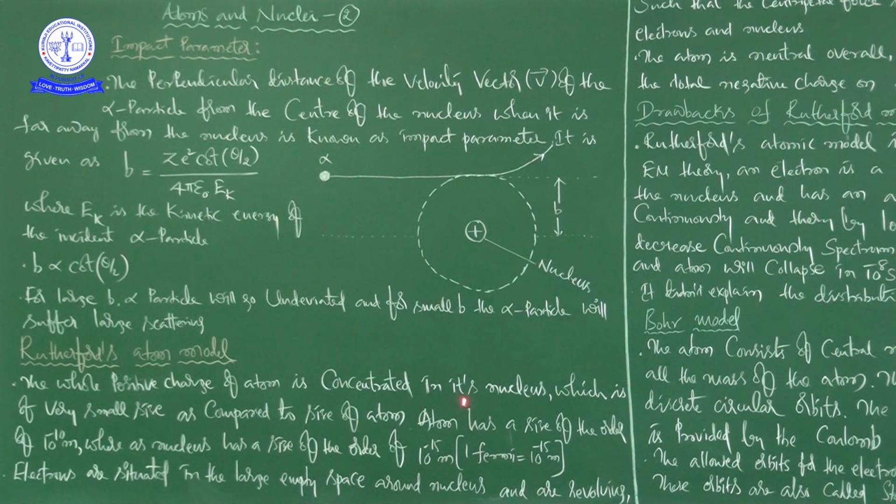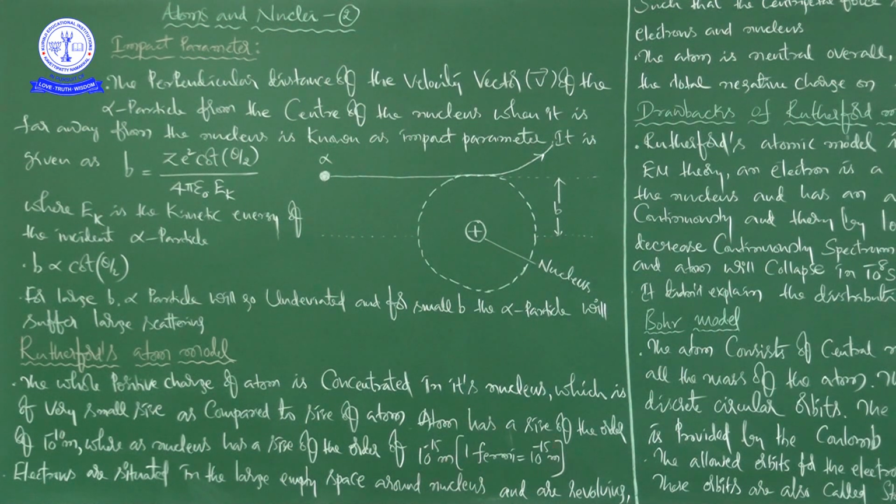Compare: what is the size of the atom? 10 to the power of minus 10 meters. What is the size of the nucleus? 10 to the power of minus 15 meters. Based on these two values, we can imagine the difference in size. Though the nucleus is present inside the atom, the size of the nucleus is very small compared to the size of the atom.